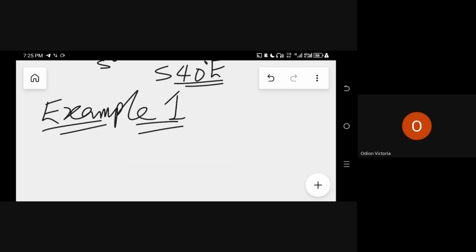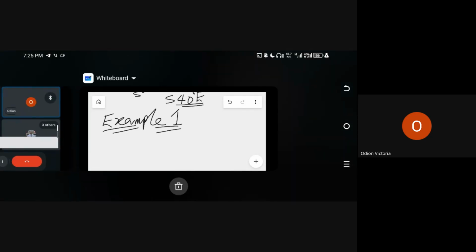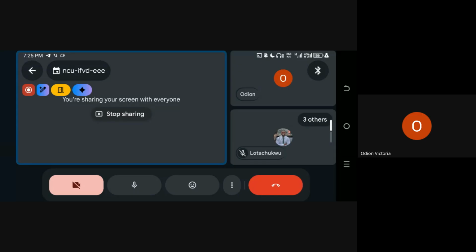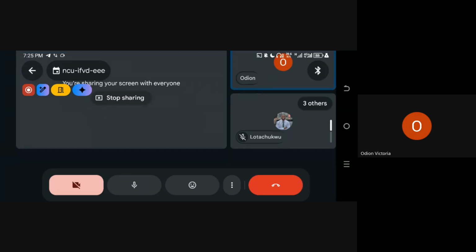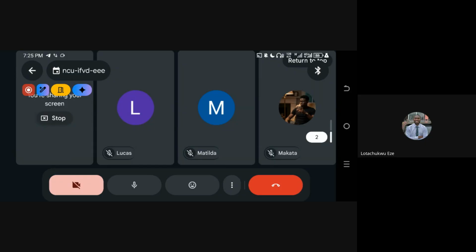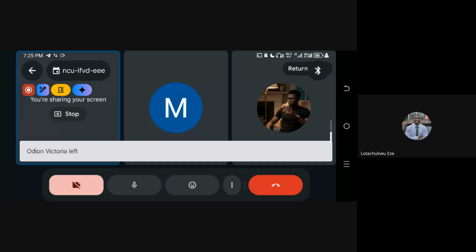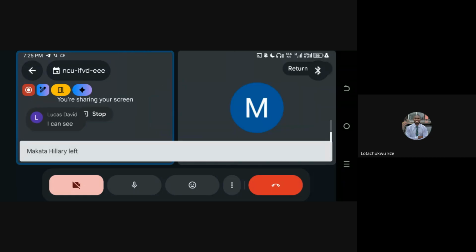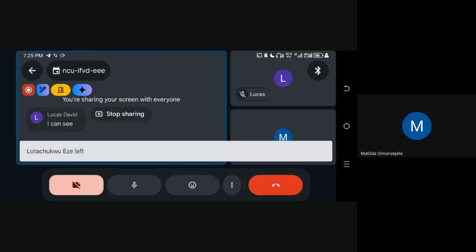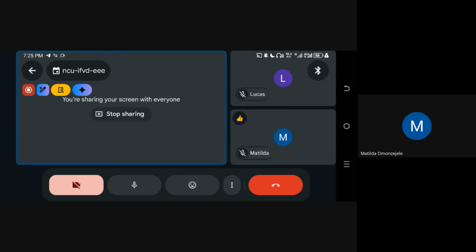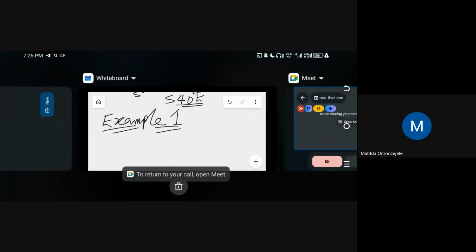All right, so you might have to leave the class and then join again, because I think the screen has been shared. Is there anyone that can't see the screen? Lucas, can you see the screen? Okay, Lucas said he can see the screen. Matilda can see the screen. So if you can't see the screen, please leave the class and then try to rejoin. It could be from your network.